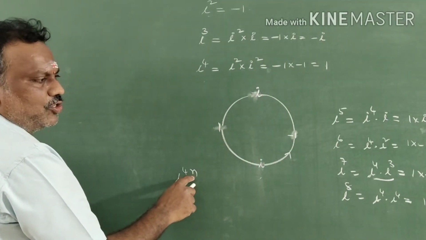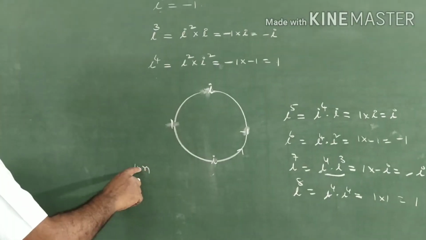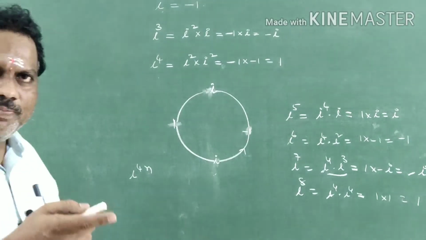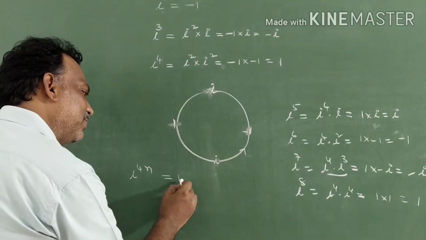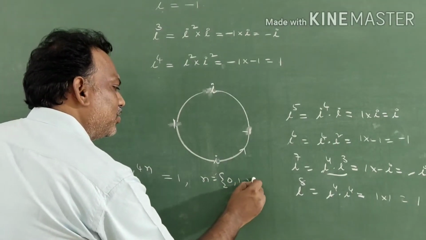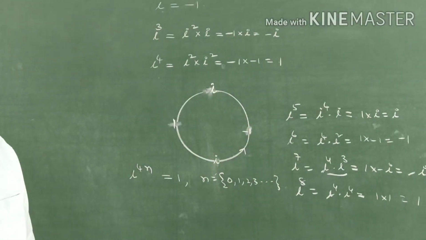If you substitute 2, i⁸ is 1. If you substitute 3, i¹² is 1. If you substitute 4, i¹⁶ is 1. So i⁴ⁿ is always 1, where n is equal to 0, 1, 2, 3 and so on. Those are nothing but whole numbers.